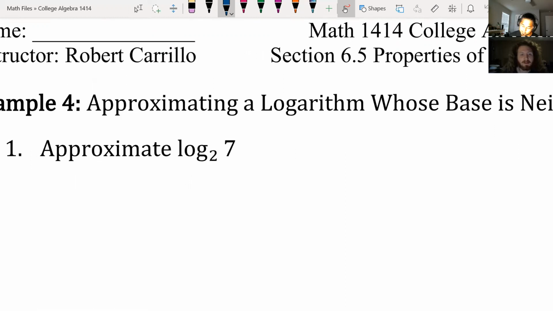All right. So what we learned last time is to solve a log expression, you set the log equal to y. So we're going to set log base 2 of 7 equal to y or x, whatever variable you choose. Why not do y this time? And then you convert from log to exponential.